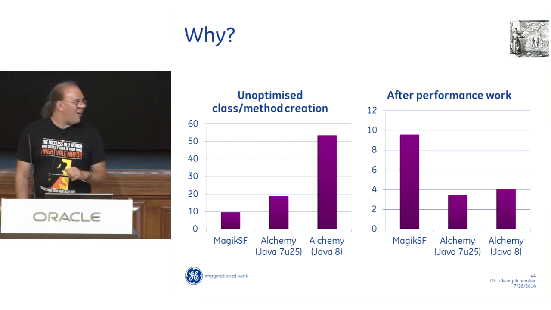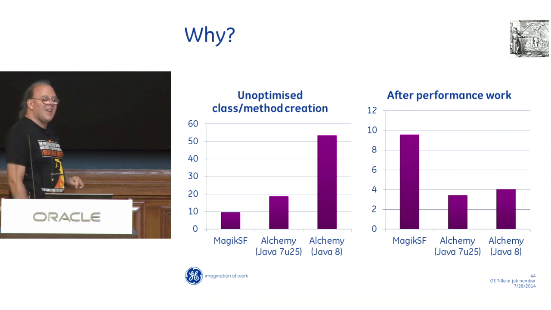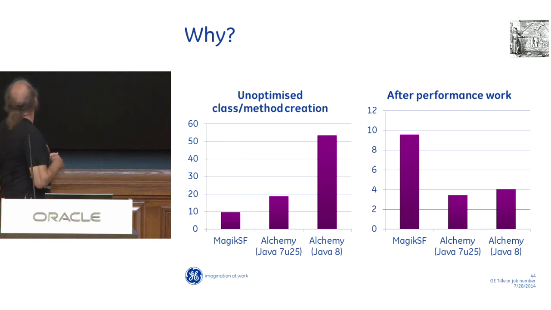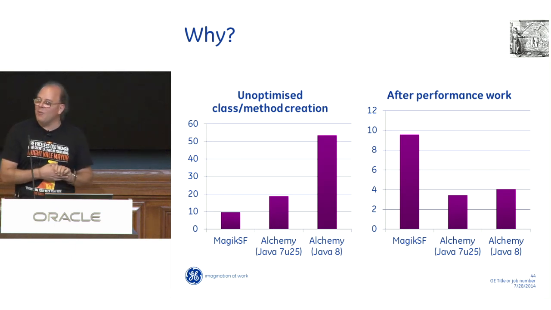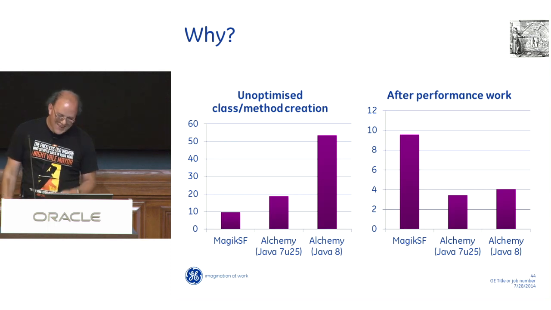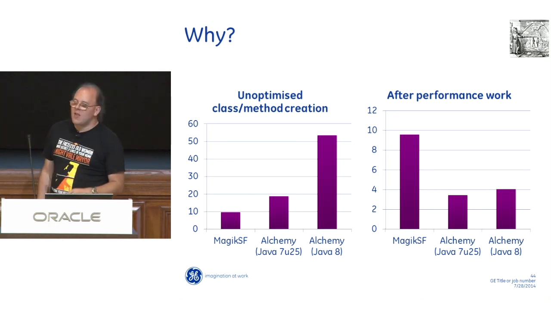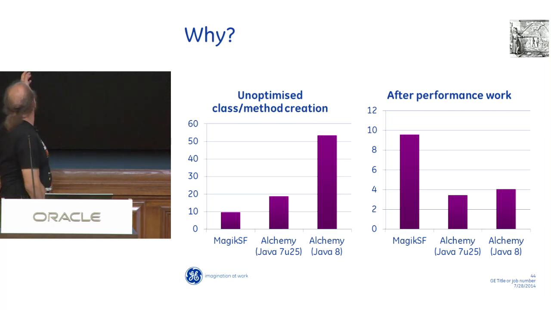So the left-hand graph is before we did any of that optimization work. On the far left, we have our old VM, Magik SF, and we have some Java 7, which was not too bad when you were invalidating call sites, and Java 8, which was horrible. After we'd done that optimization, Magik SF, same speed, different scales on the graph, sorry for that.